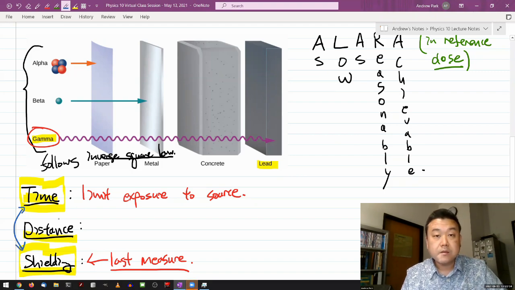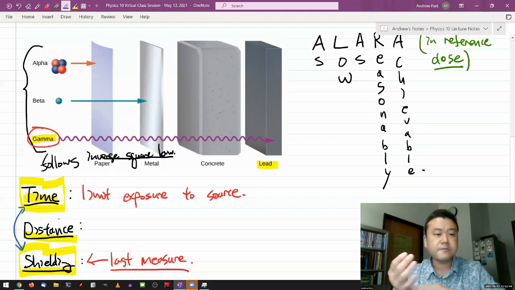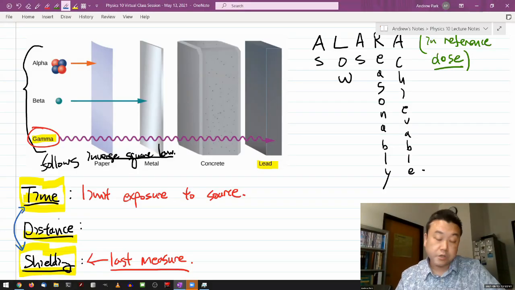So people who work with gamma ray sources often are not wearing heavy leaded gloves, because it's much more effective for them to have a glove-free hand or wear light gloves and work with the source quickly and be as far away from it as they can be, quickly. So shielding is the last measure.